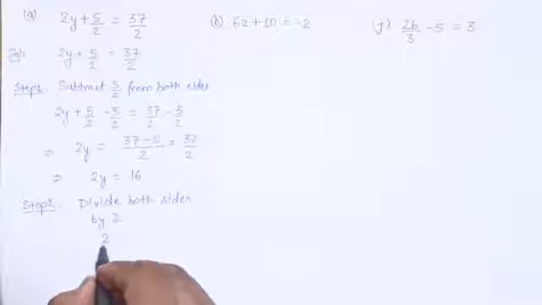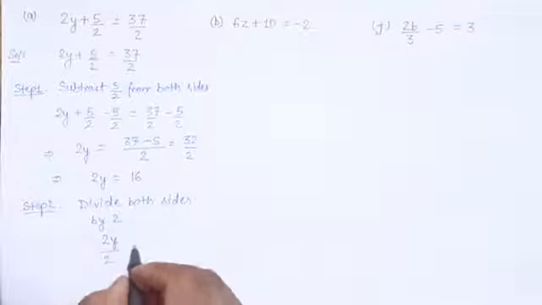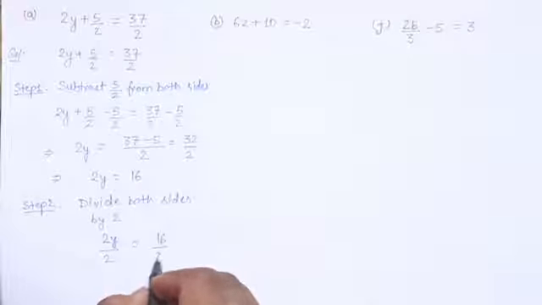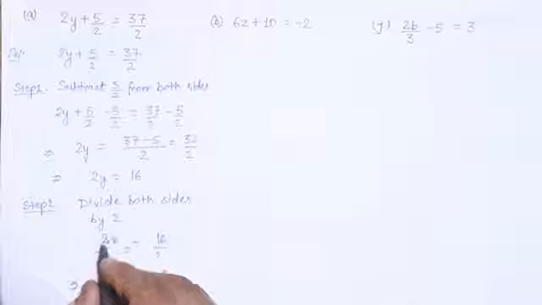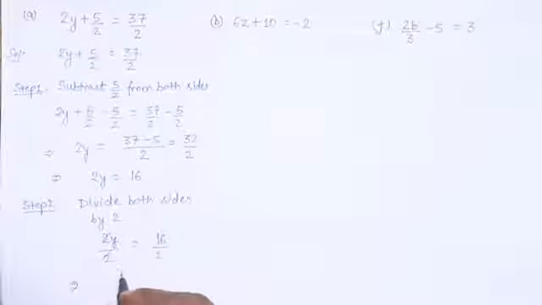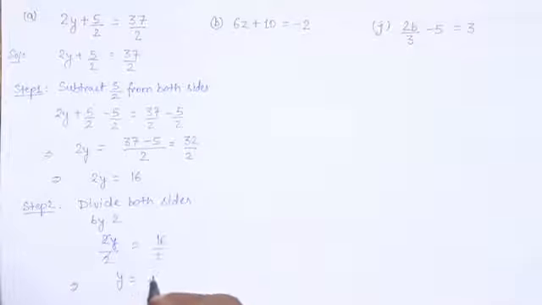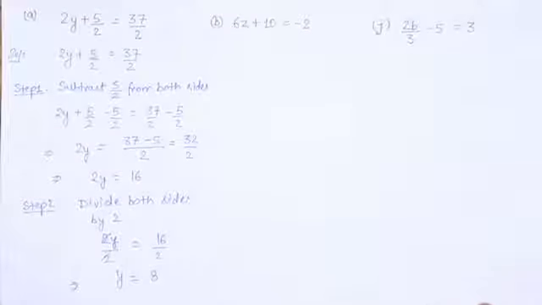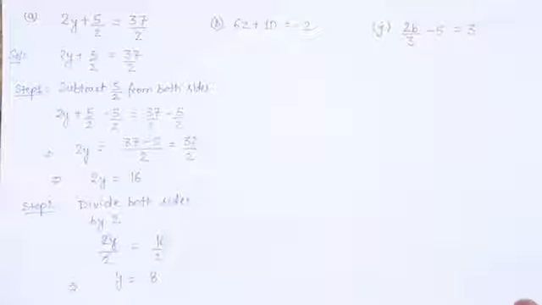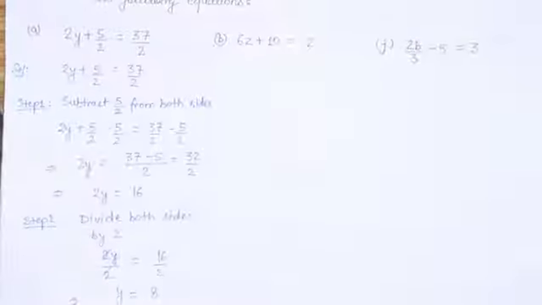So what we get? 2y by 2 equals to 16 by 2, which implies that 2 and 2 are cancelled out. So we have y is equal to 16 by 2, which is 8. So this is our solution. In the same way, let us try to solve the next part.